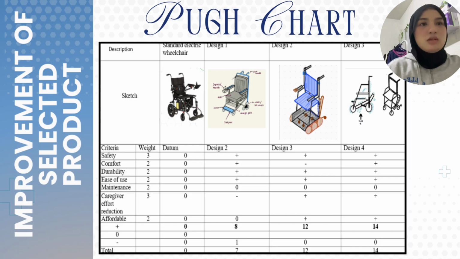The lowest score on this chart is design 1, which is 7. The middle is design 2 with 12, and the highest is our design proposal, design 3, which scores 14. This shows that our design is the best among the three designs.